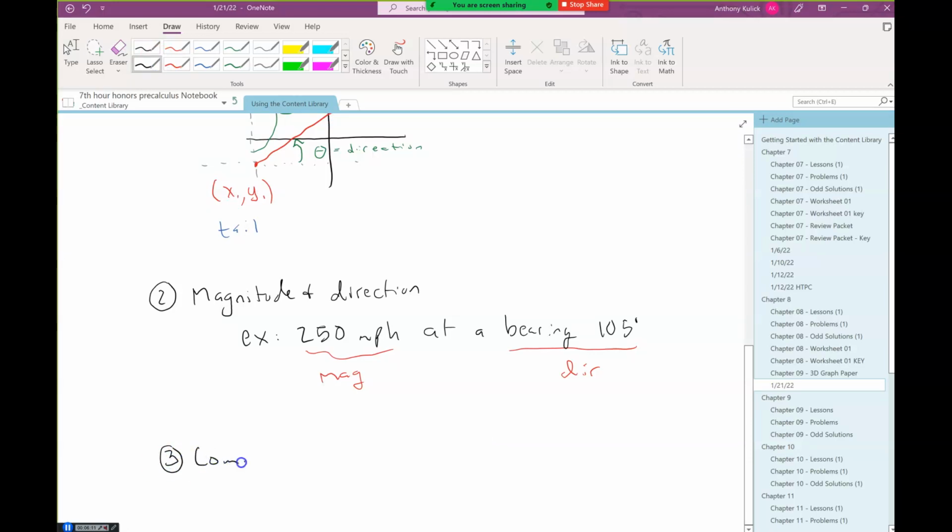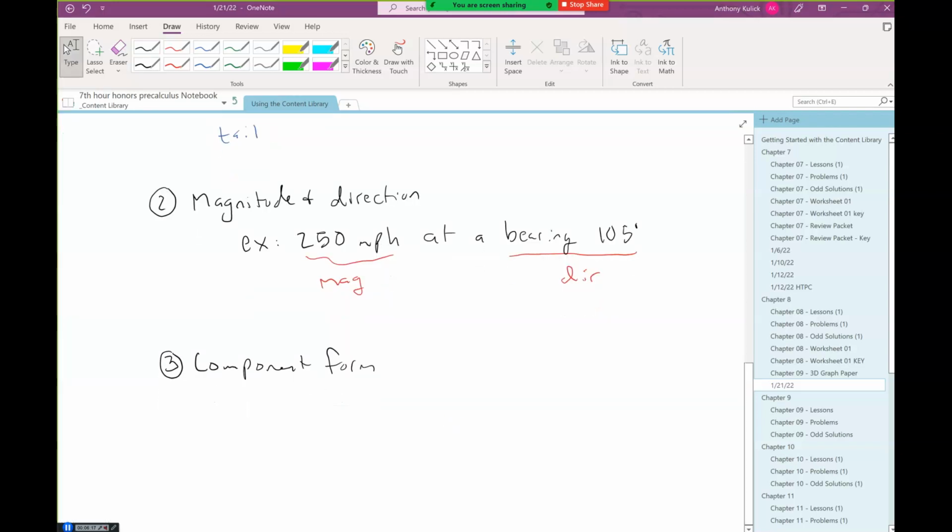And the last one is component form. When we talk about component form in this class, we're talking about the standard representation of component form. If we write our vector in component form ⟨a, b⟩, notice that those are wedged brackets. They have a point to them. They're not parentheses.